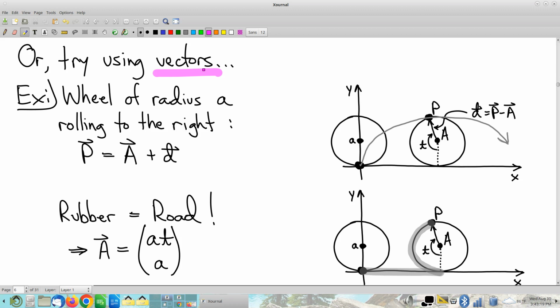And that's going to be the big, powerful tool that makes this all come together. There's a lot of little details, and we'll talk about the details. But try to figure out how to write the thing you're interested in as a sum of simpler things. And so here's the problem. We have a bicycle wheel here. I like to think of it as a bicycle wheel.